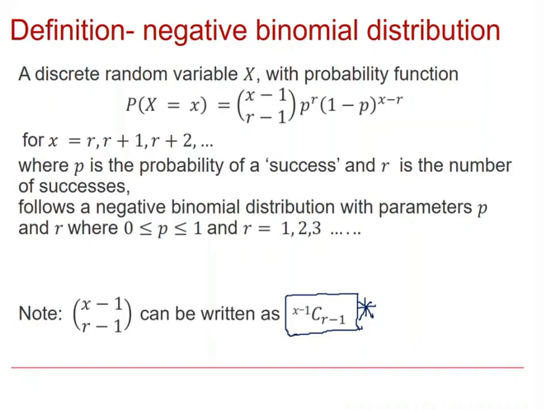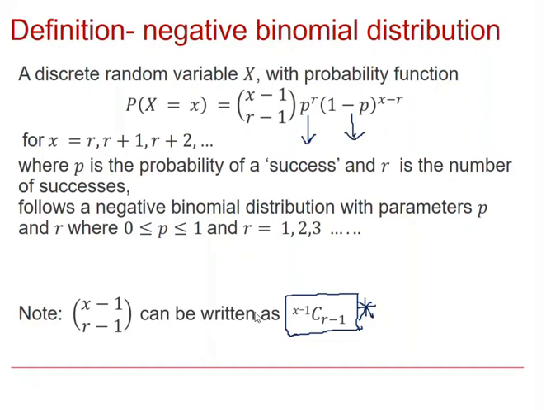So the negative binomial involves how many combinations of events can occur. p again is the probability of a success, so we are having r successes and x minus r failures.